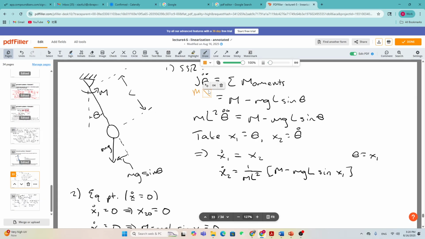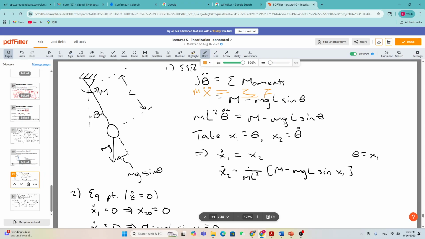This is used for linear motion, equal to the summation of all the external forces. We use the summation of moments because this is rotational motion. That's very simple, where you get M minus mgl times sine theta, right?